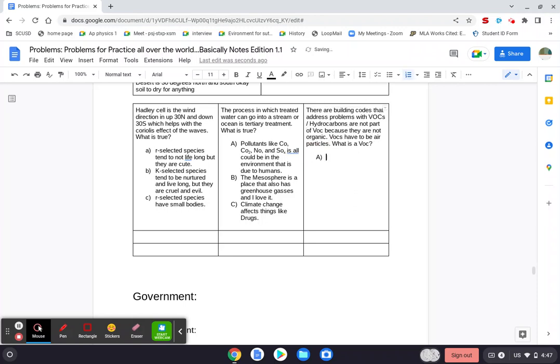So let's go with this style. I like this style. Still going with it. So let's go. Let's go with this actually.